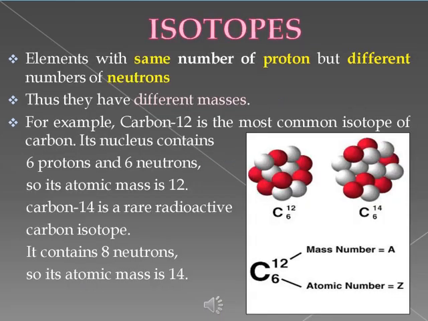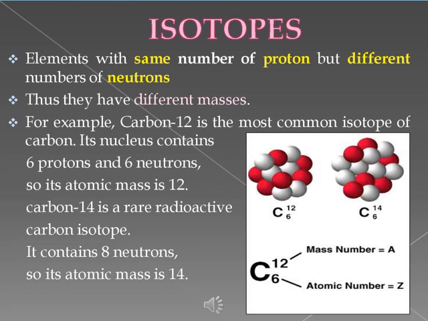Isotopes are elements with the same number of protons but different numbers of neutrons, and of course, they have different mass numbers. For example, these 2 isotopes, carbon-12 and carbon-14. What is the meaning of carbon-12?